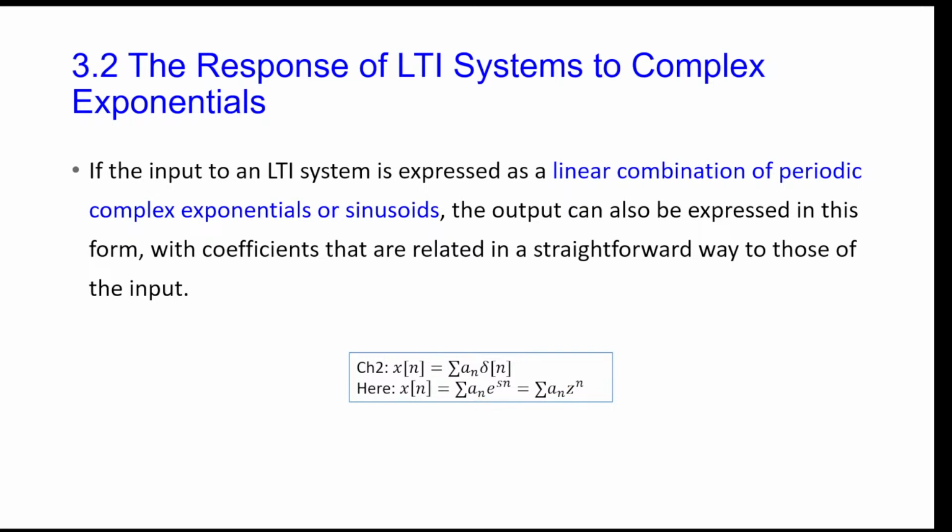Here I guess we should write it a bit better. In chapter 2 we have a summation of a k times delta of n minus k.